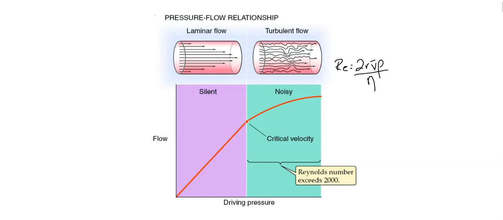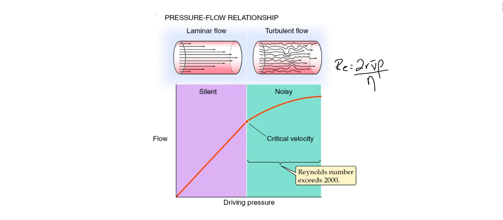There is a critical velocity with a Reynolds number value of about 2,000, at which the driving pressure and the flow, when they intersect, converts from 100% laminar flow to the beginning of a mixed laminar-turbulent flow. That's your magic Reynolds number for the transition between laminar flow and the point where you start to get turbulent flow.